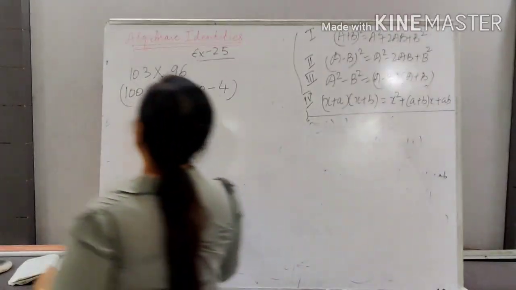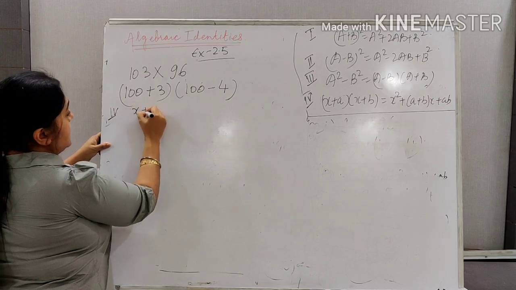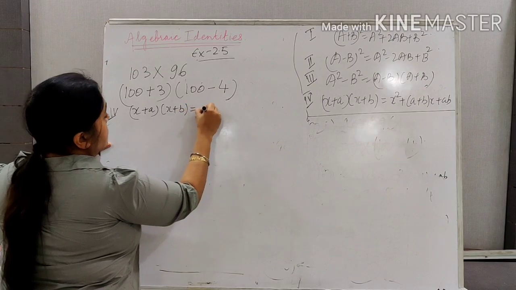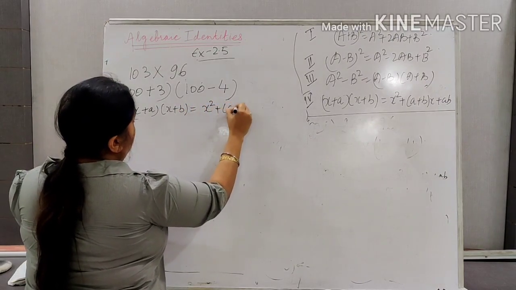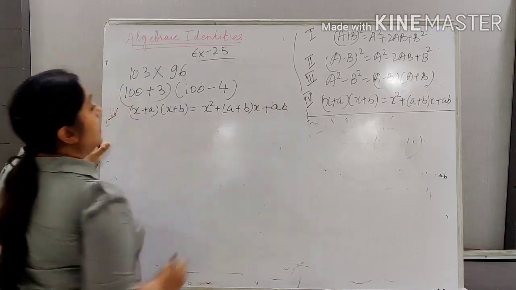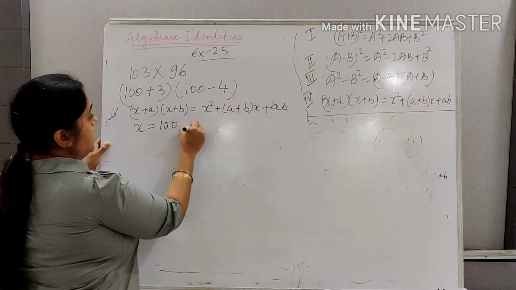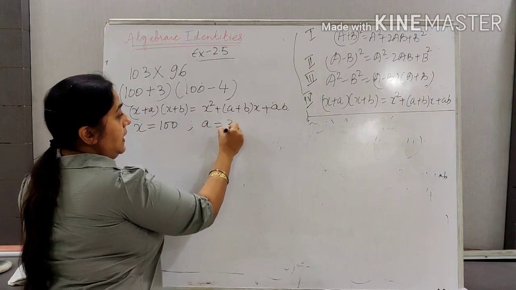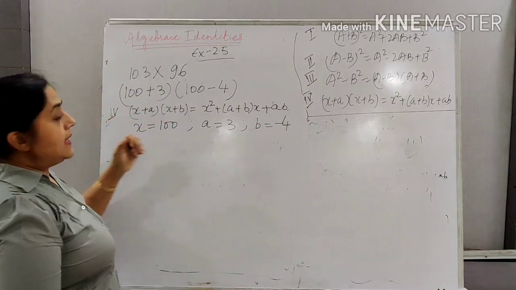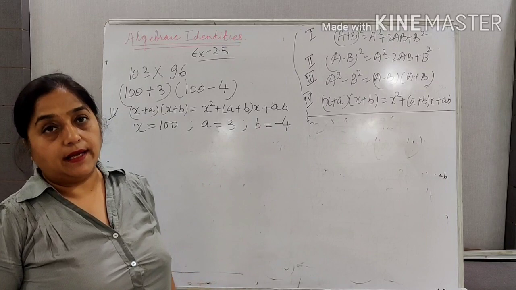So how will you do this? You will be using identity 4 only. It is x plus a, x plus b is equal to x square plus a plus b into x plus ab. In this case, x is 100, a is 3 and b is minus 4.